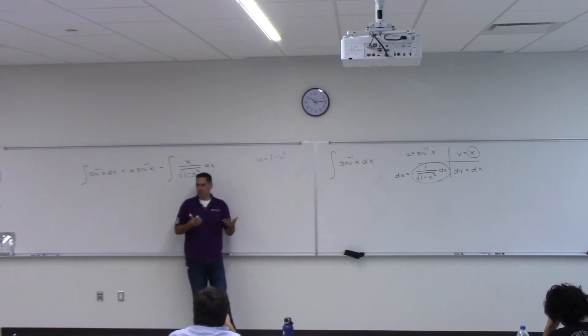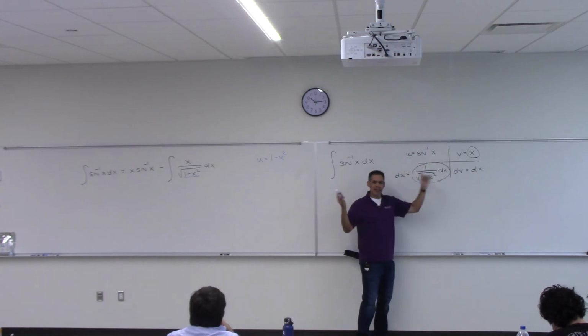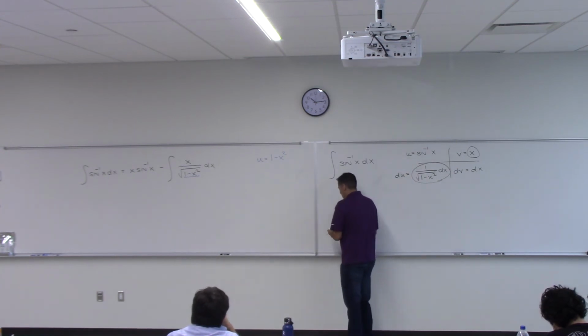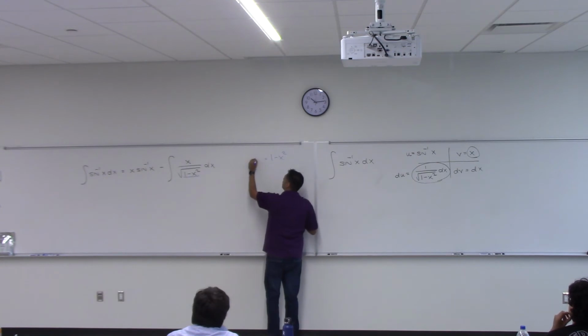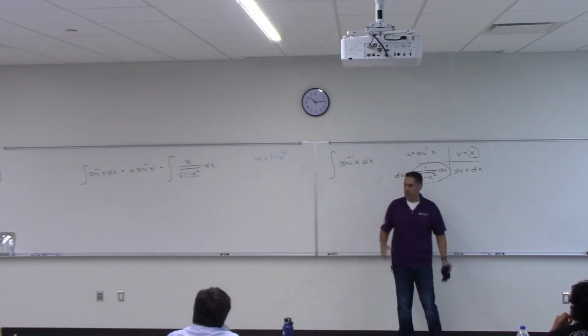We don't want to use u twice if they mean two different things, right? Like here I'm saying u is this, but over here I'm saying u is this. Do you see what I mean? Maybe we should be safe and just call this something else, like maybe w. Let's do that. I'm going to call this w. And now I'm making a w substitution instead of a u substitution.